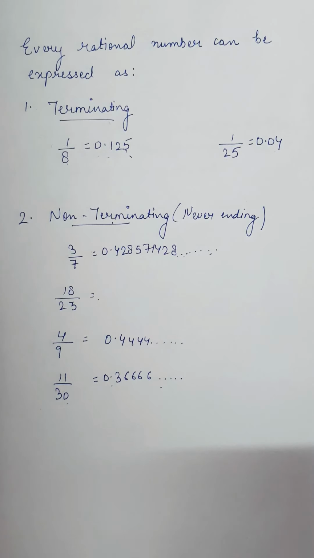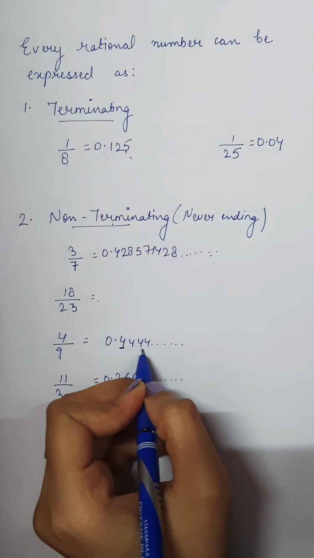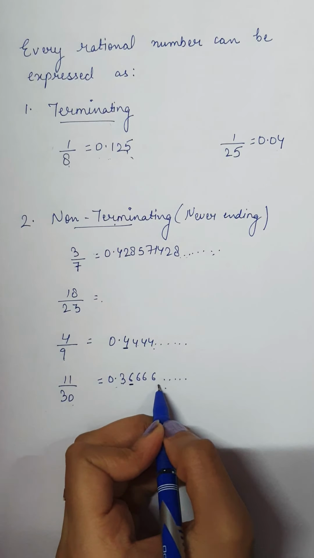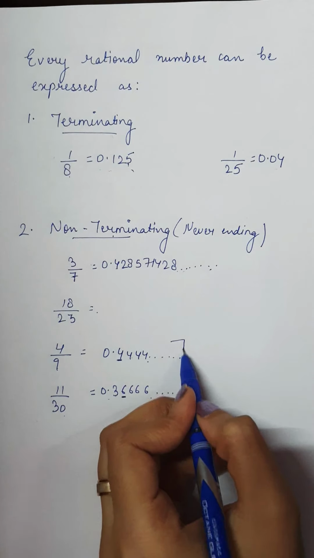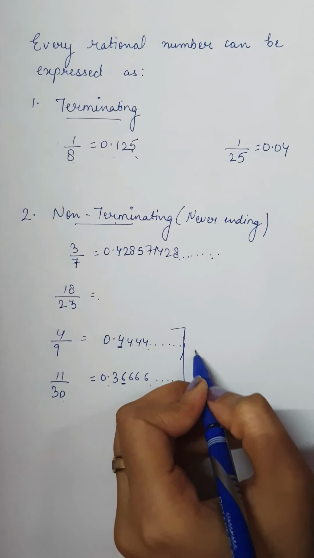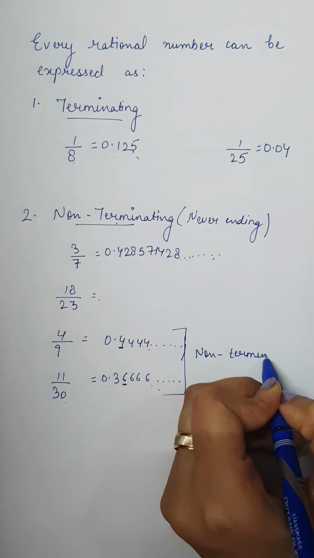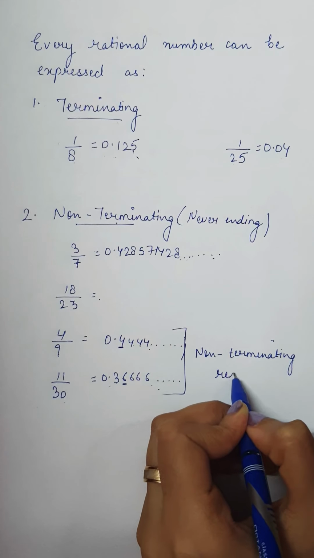Now where the decimal points are repeating also. Here the number 4 is repeating. Here 3 is not repeating, but 6 is repeating continuously. So these type of decimals are known as non-terminating reoccurring decimals.